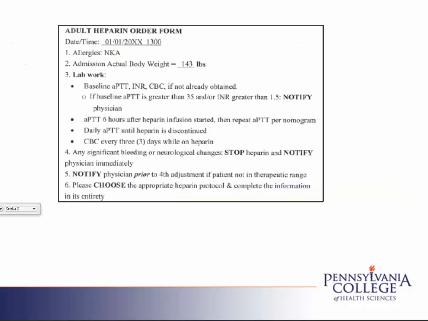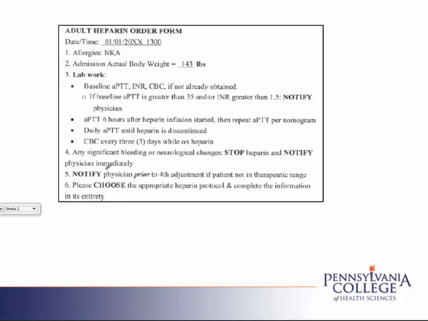First, the order sheet. On the order sheet, I notice that there are no known allergies. I notice the patient's weight, and I notice that there's been a significant amount of lab work ordered. I notice that if there's significant bleeding or neurological changes, I need to notify the physician.